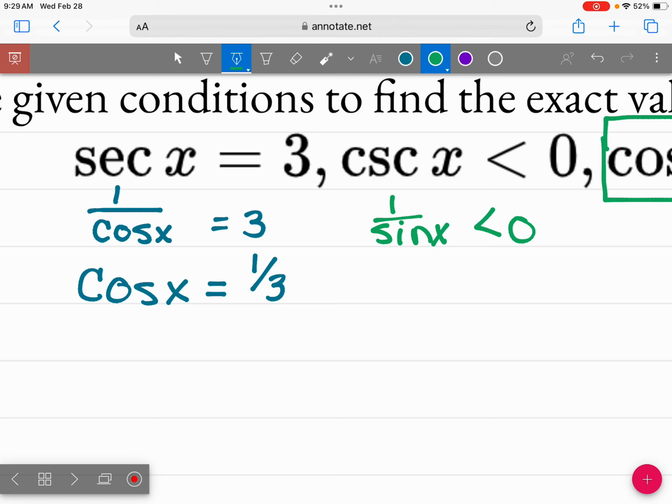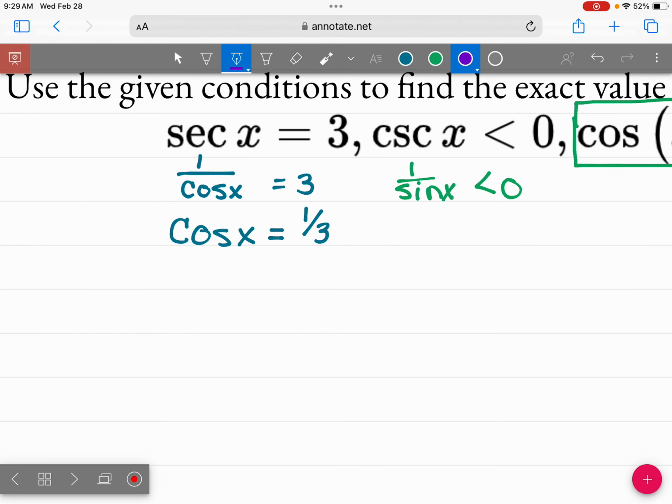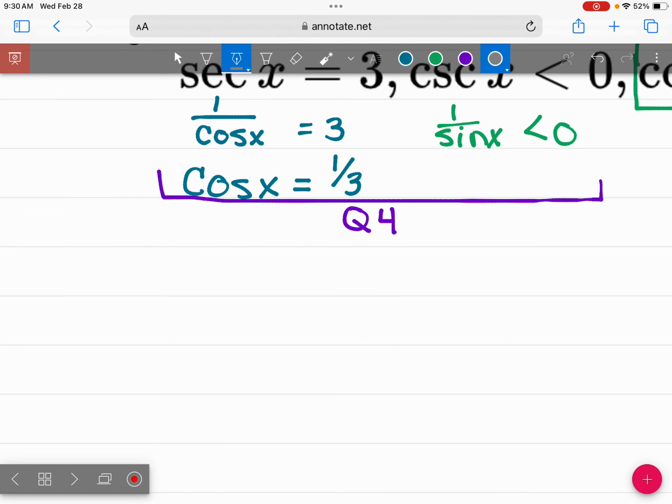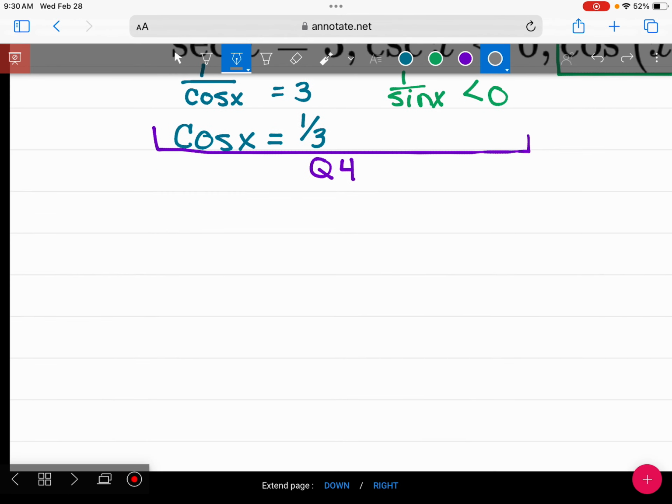So if cosine is positive and sine is negative, what quadrant are we going to be in? Four. Remember, my cosines are my x's and my sines are my y's. So my sine being negative means we're on the bottom half. And we know we've got an angle somewhere in quadrant 4.